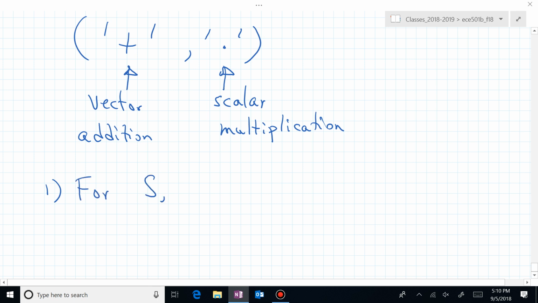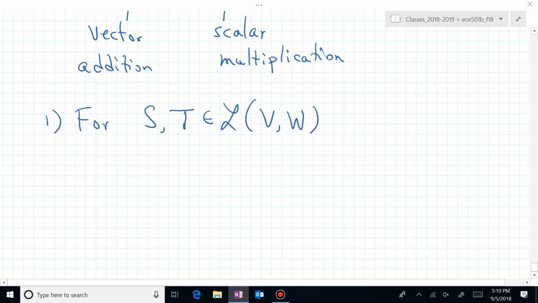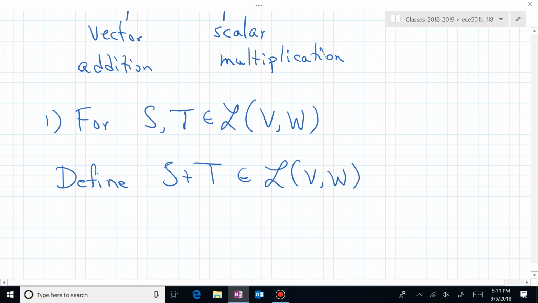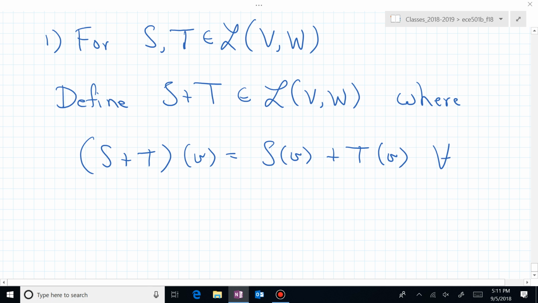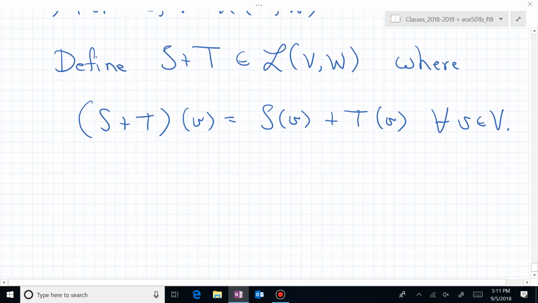So let's say that we have a linear map S and a linear map T that are vectors in L of V W. Then we can define the vector addition S plus T to also belong to this set of linear maps, where S plus T operating on v is equal to S operating on v plus T operating on v, for all v's in our input vector space capital V. What is the small v?